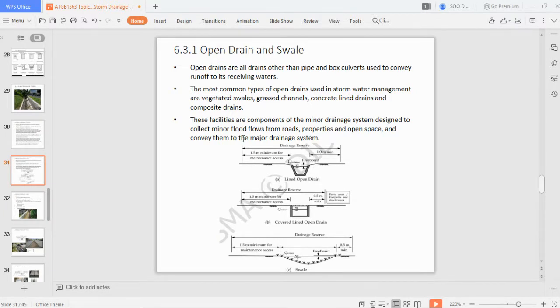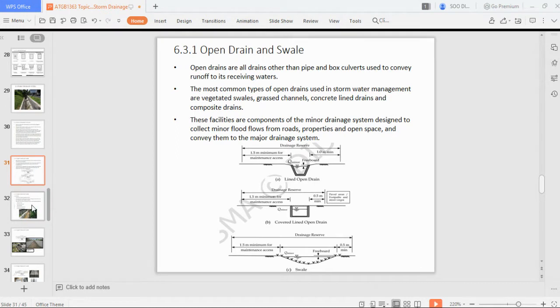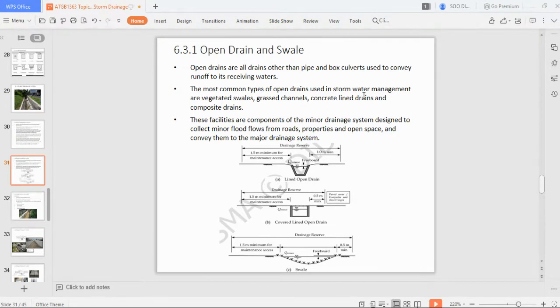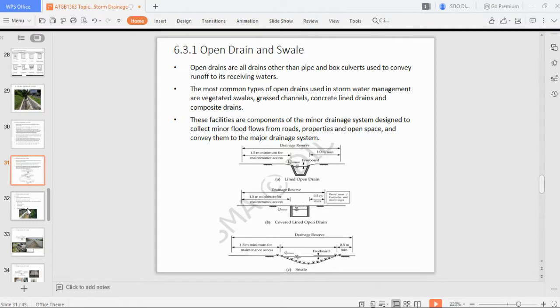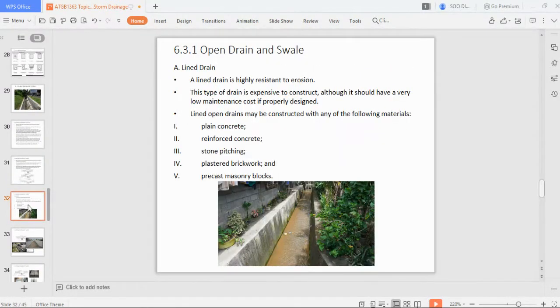So depending on the selection of the drainage system, you'll be designing a minor or a major drainage system. So there are pros and cons towards the different types of design out there. Usually pipe and box culvert are all man-made, and swales are also man-made, but you're actually utilizing nature.